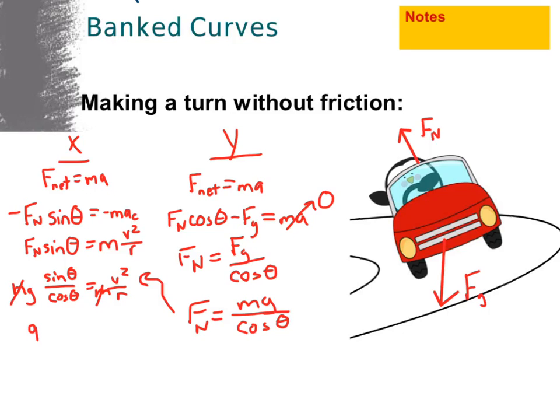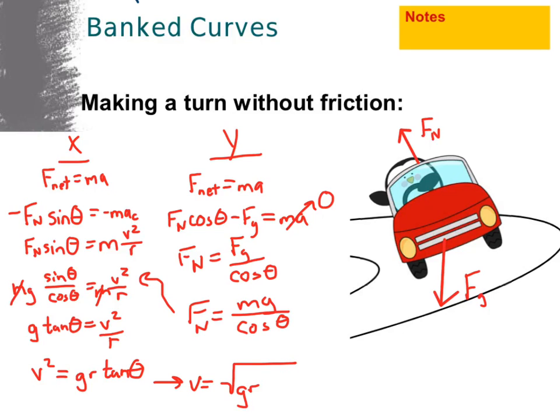And I have g times tangent theta equals v squared divided by r. So the speed I would have to go at to make this work is given by v squared equals g times r times tangent theta. Or you could say that v equals the square root of g times r times tangent theta.